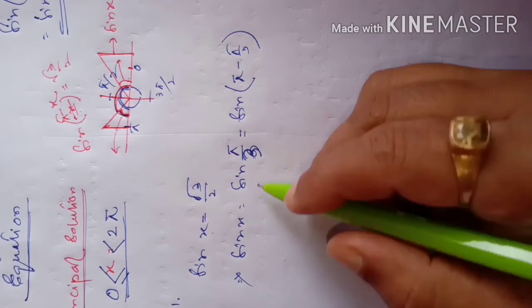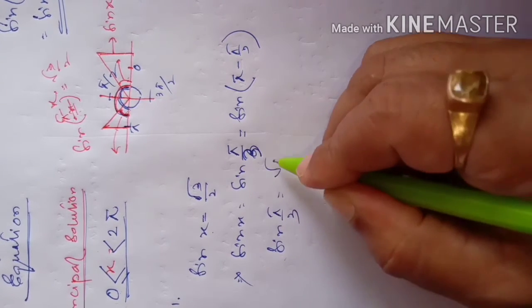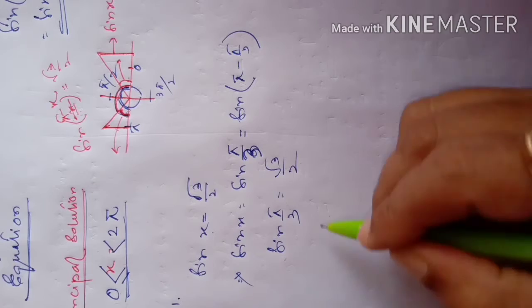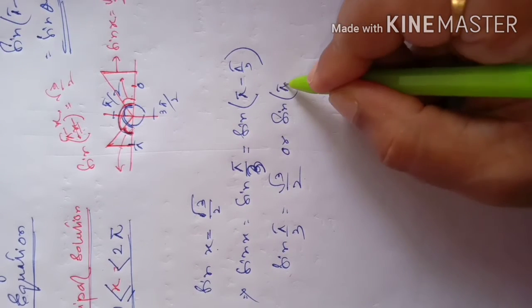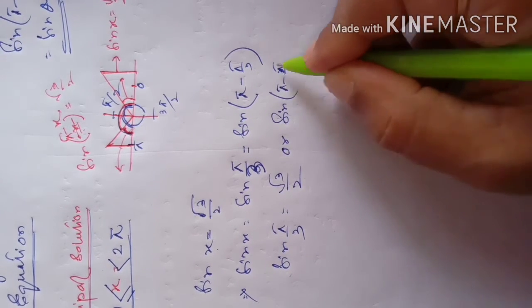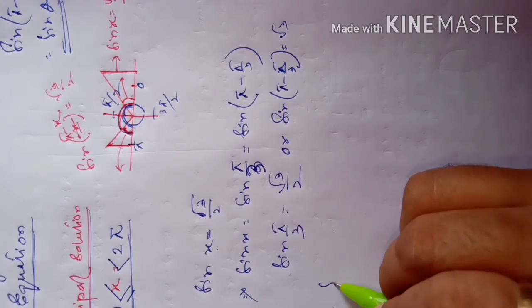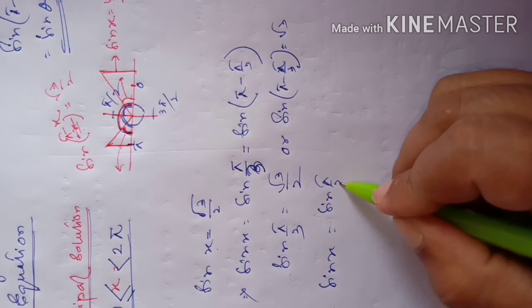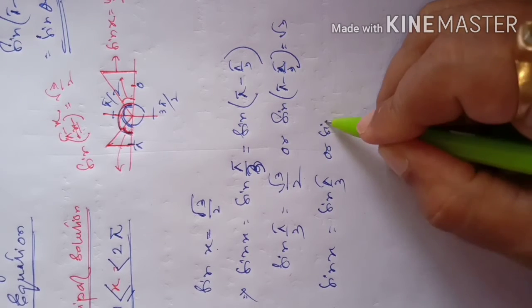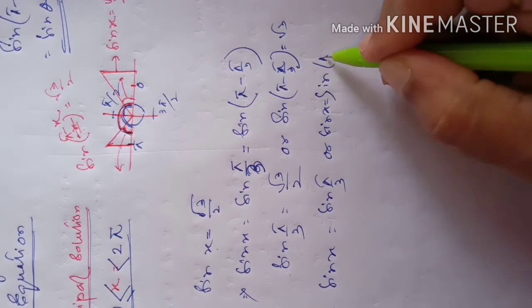So one value is sine pi by 3, which can give us root 3 by 2, and sine of pi minus pi by 3 can also give us root 3 by 2. Therefore sin x is sine pi by 3, or sin x is sine of pi minus pi by 3.